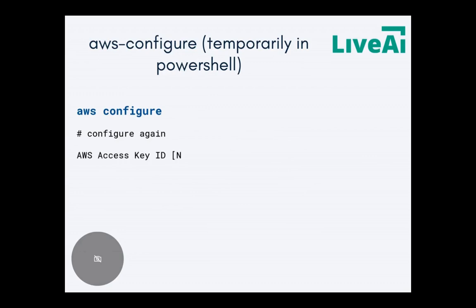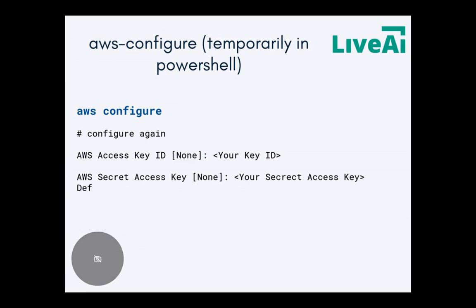AWS configure. So we are configuring it again. You provide your access key ID and your secret key, which come from your AWS account. Default region name US East 1, and you can also have it as US East 2, whichever region you want, you can just modify it. Default output format, you can just set to none.